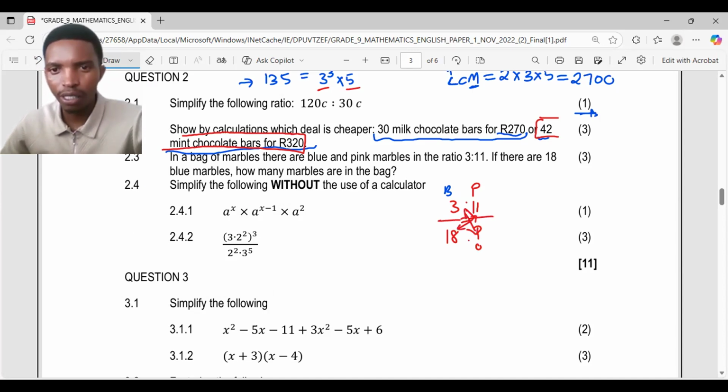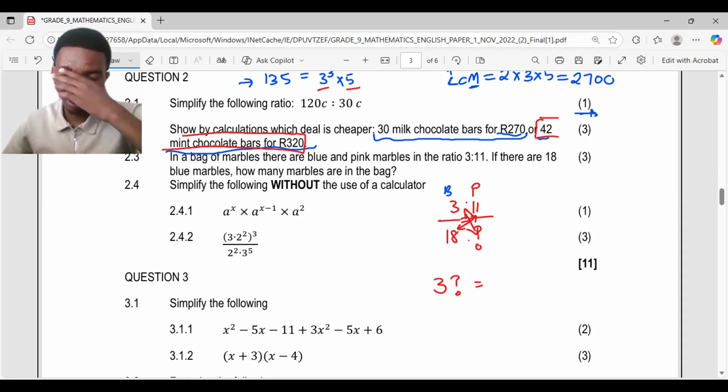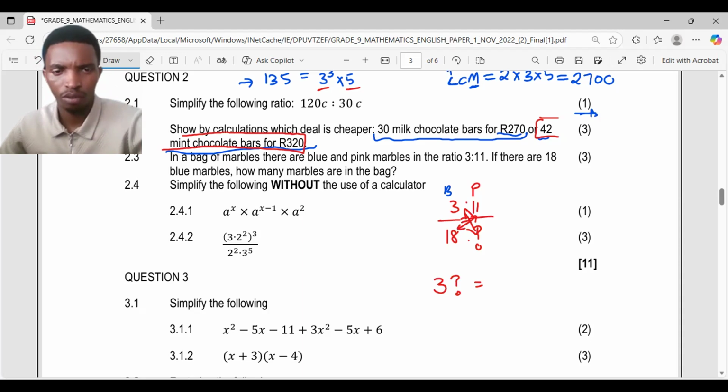So 3 times question mark is equal to 11 times 18. How much is that? 11 times 18 is 198. And then we divide both sides by 3. So meaning our question mark is how much?